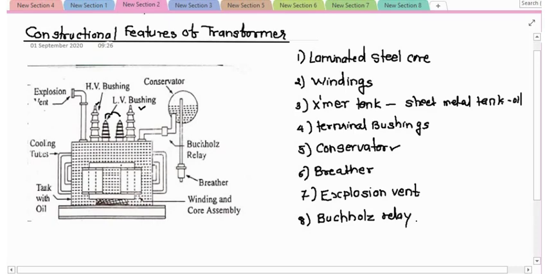Oil will expand and the air at the top of the oil is expelled out. When the transformer cools, oil contracts and outside air is drawn into the transformer, and this process of expanding and contracting is known as breathing of the transformer.